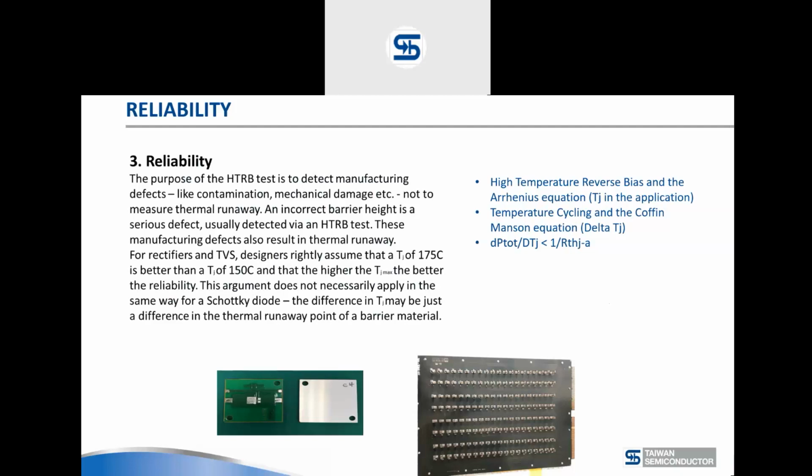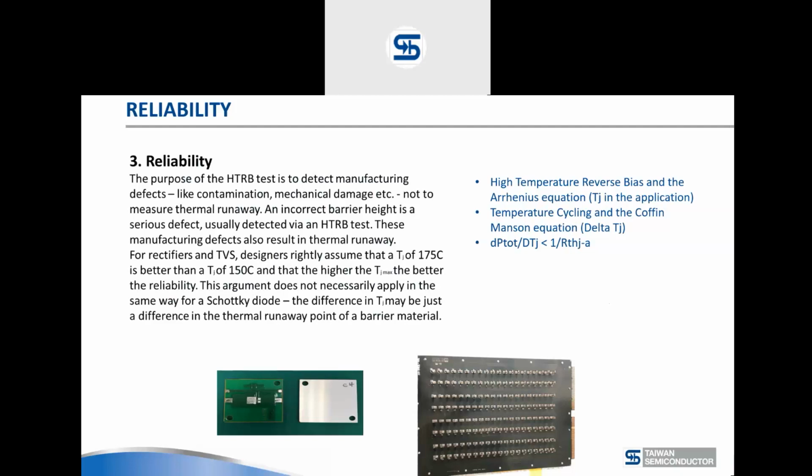So, a Schottky diode also has conflicting problems. If you have a high HTRB test and Arrhenius, you actually want the higher barrier material with the lower leakage current. That's when your reliability and FIT calculations using Arrhenius will be better.